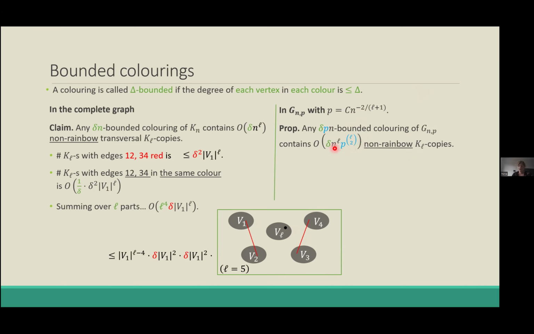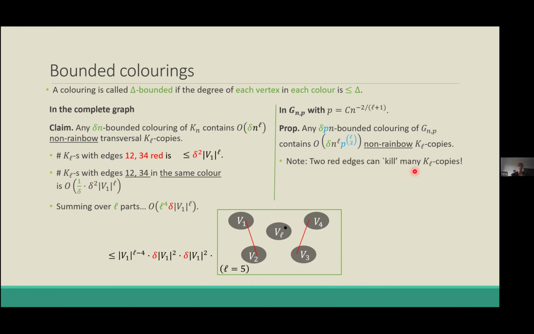Okay, so if we now naively try to just imitate the same proof, so we fix 2 red edges, and we try and upper bound the number of KL copies containing these 2 edges. But the problem is that these 2 red edges can actually be contained in many KL copies. So this is by no means concentrated in the random graph.